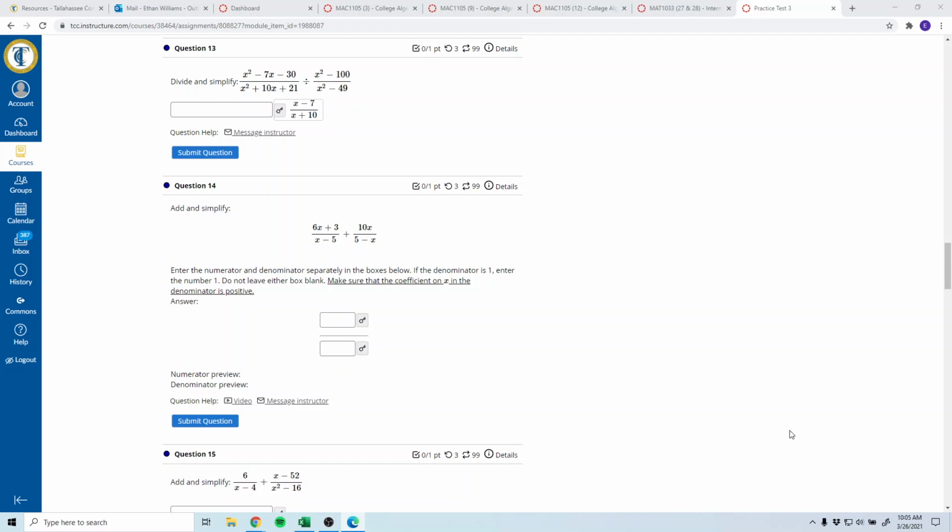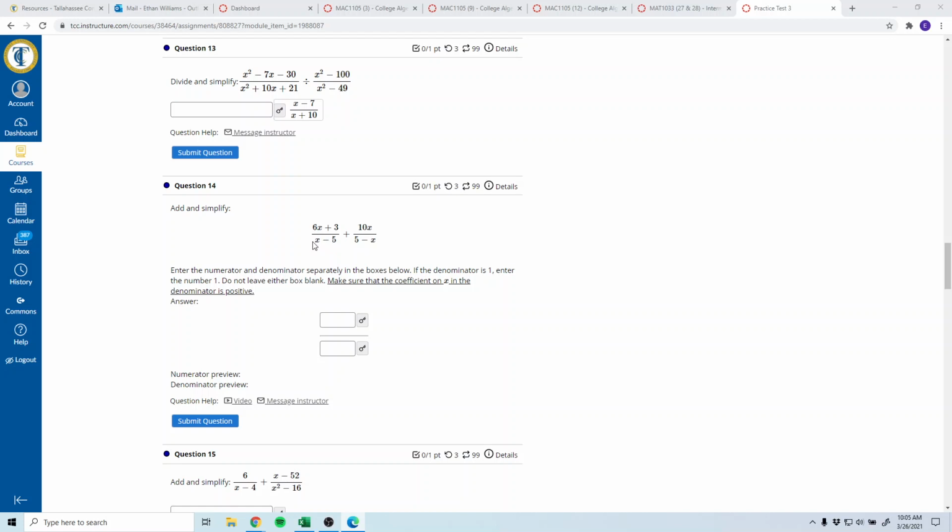It says enter the numerator and denominator separately, which means when we get our answer as a fraction, we're going to have to do the numerator on the top here, the denominator on the bottom here. And it does say make sure that the coefficient on x is positive.